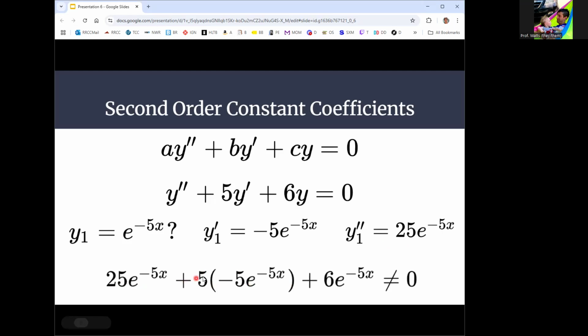So those would add to 0. Of course, the whole thing isn't equal to 0 because of the 6 e to the -5x. But it makes you think that if we just chose the right number instead of -5, maybe we could get it so that all of these added up to 0, and then we would have a solution. So what is that number that goes in front of x in the exponent?